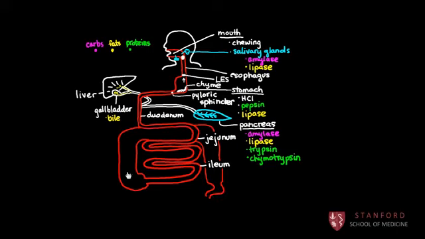So this would be your ascending portion of the large intestine, the transverse, and the descending here. I'll just write D-E-S for lack of space.